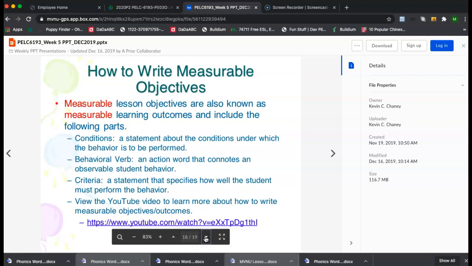This week, your dyslexia lesson plan is due. And on the lesson plan, you have to include measurable objectives. A measurable objective has 3 parts. It has a condition, a behavioral verb, and criteria.